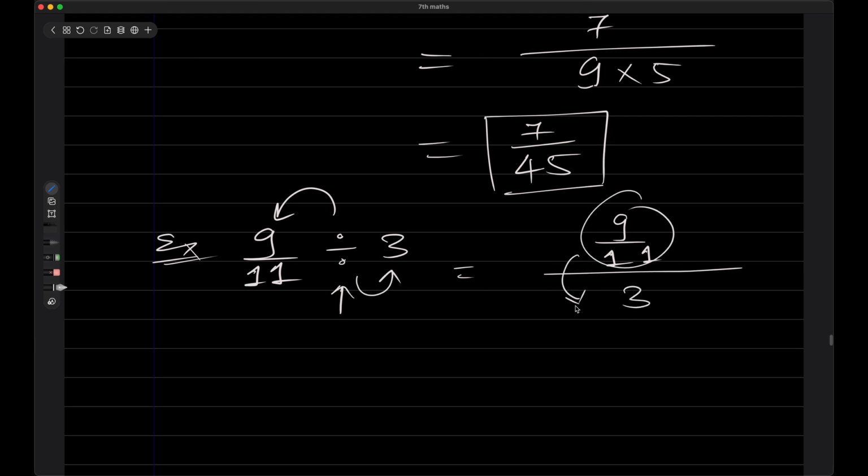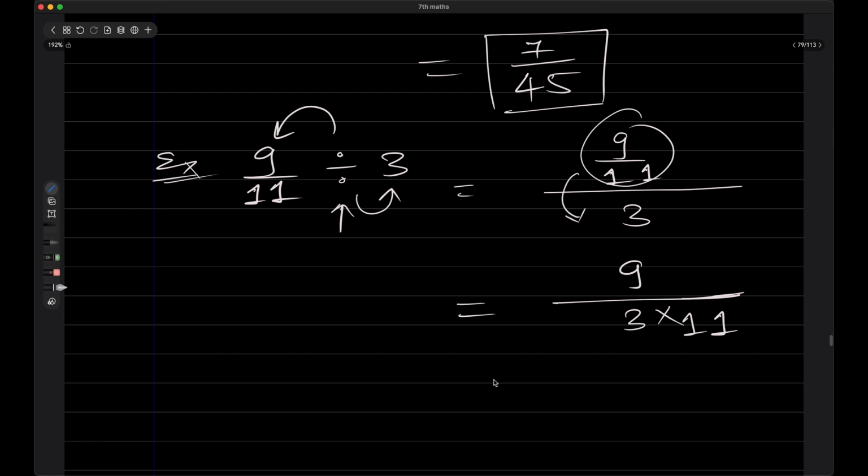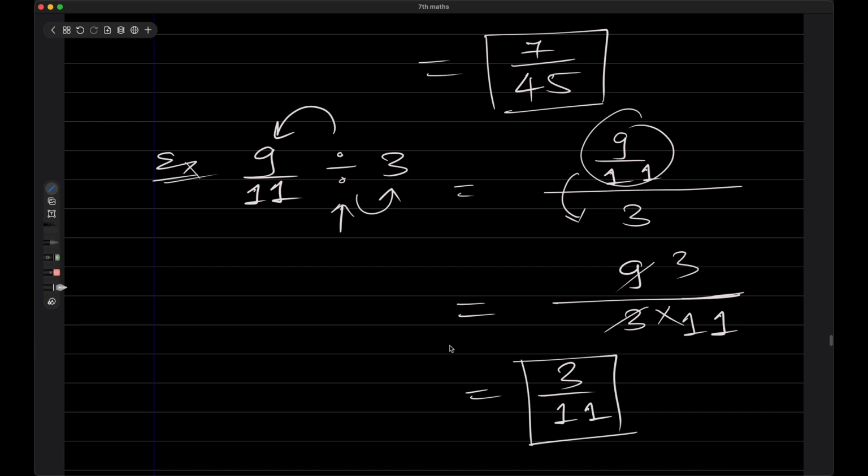Now send the denominator to the opposite side, that is equals to 9 as it is, 3 as it is, 11 on the opposite side, that is 11. Now the answer, that is equals to 3 3s are 9 and 3 by 11 is the answer.